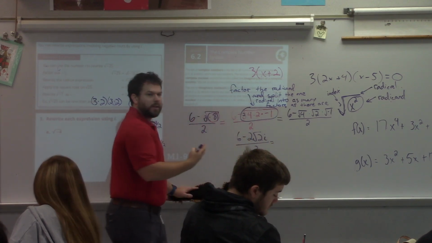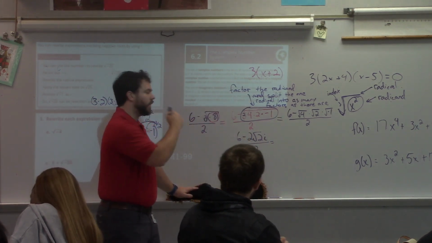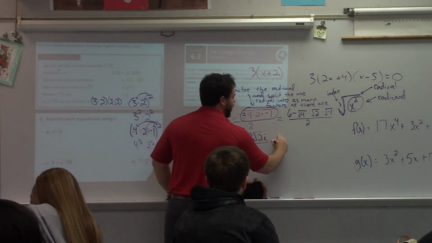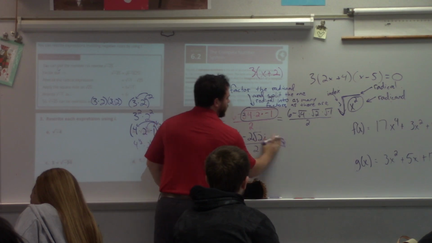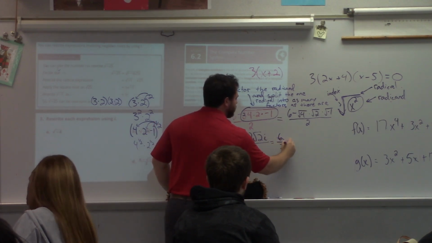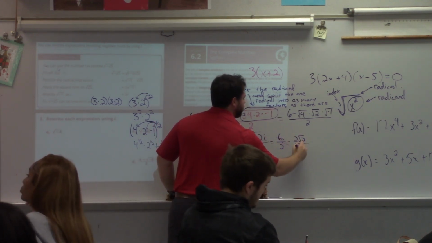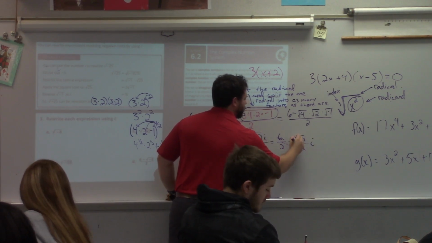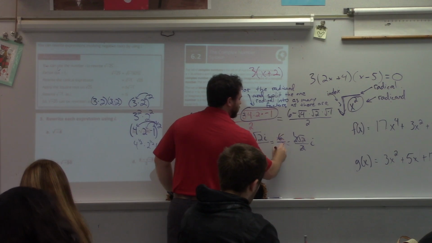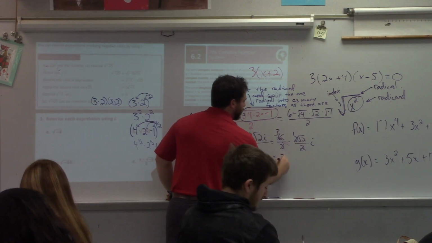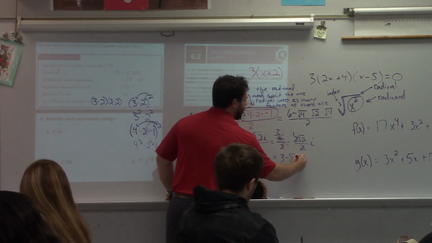Now I can separate it, as someone was mentioning, and I distribute that division. 6 divided by 2 is 3. So 3 minus root 2 i.